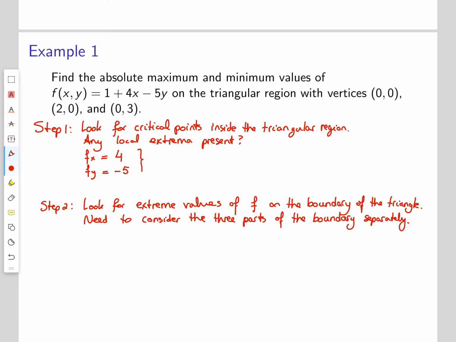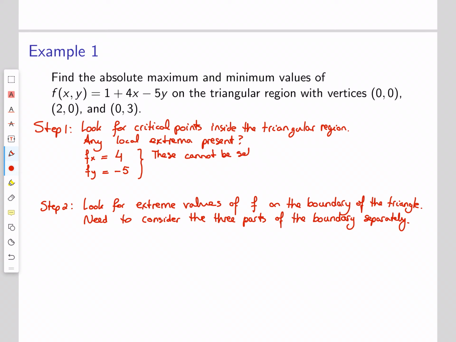So actually, this is very interesting, hey? Because we cannot set those partial derivatives equal to 0. That says that this whole function does not have any critical points.